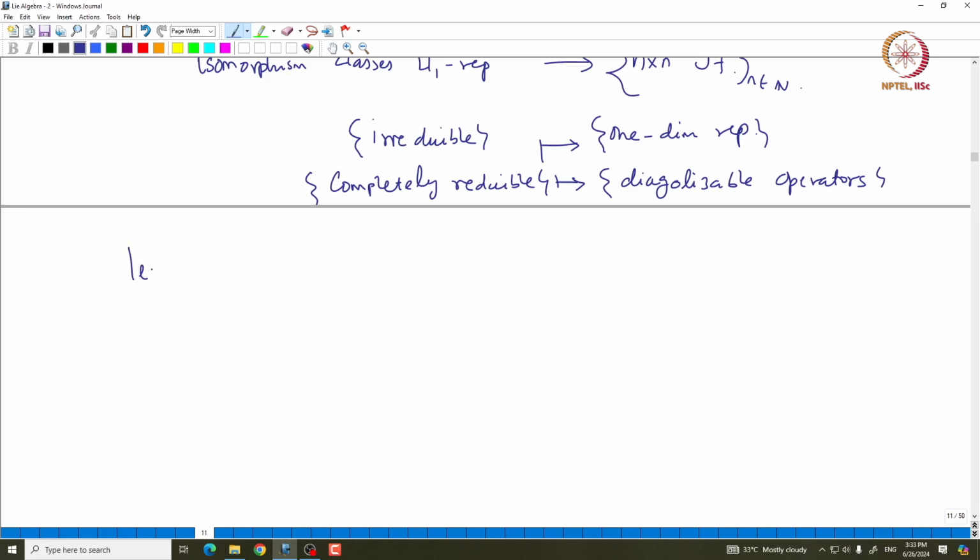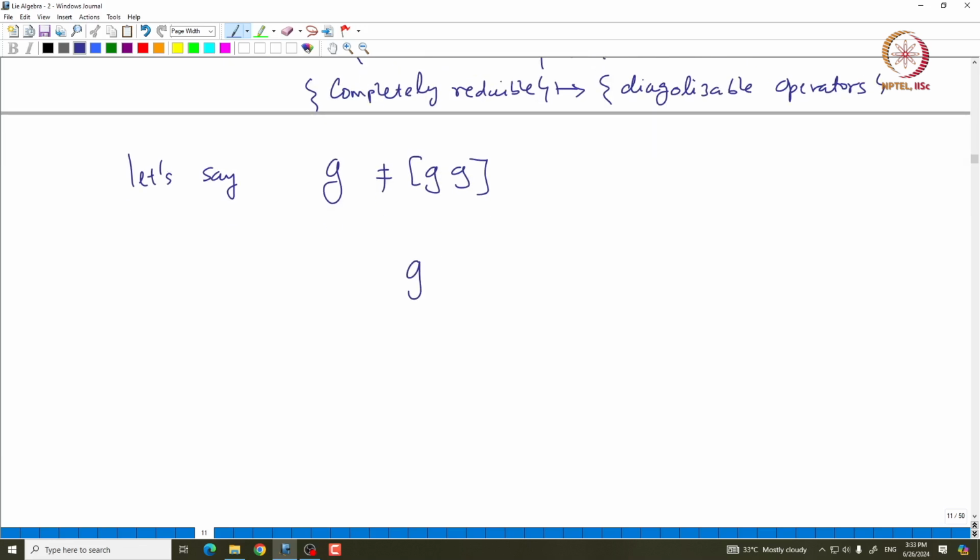So, let us say we have that G is not equal to the derived algebra [G,G]. Then one can construct the quotient, G modulo the bracket [G,G]. This is indeed an abelian algebra. Now what we can do is pick, for example, some one dimensional quotient of this.